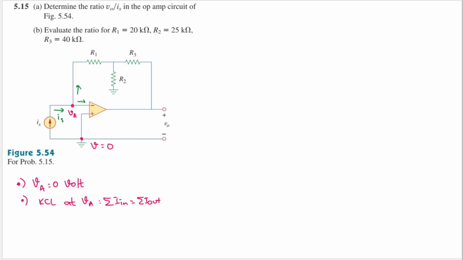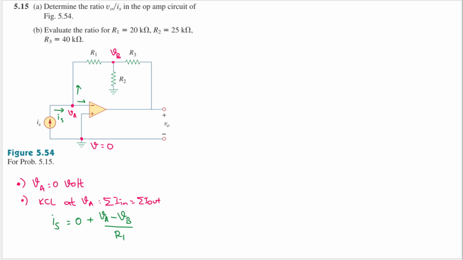Remember that the current that goes into the op-amp is 0, but the current that goes in is just IS, so we will have IS equal to 0 plus, for this current, let's name that node here as VB, VA minus VB divided by R1.